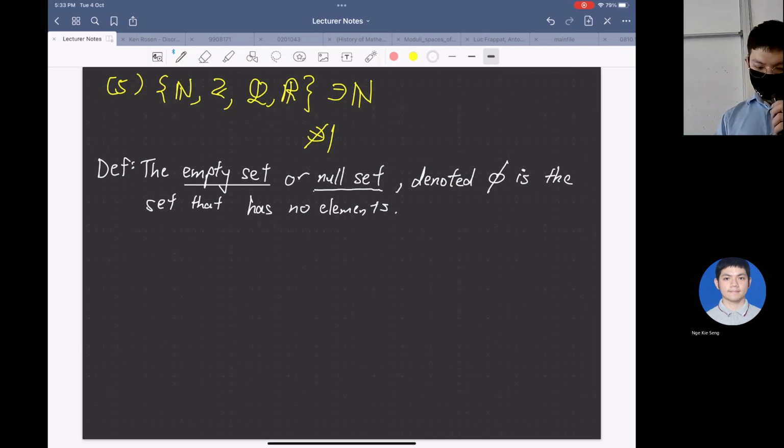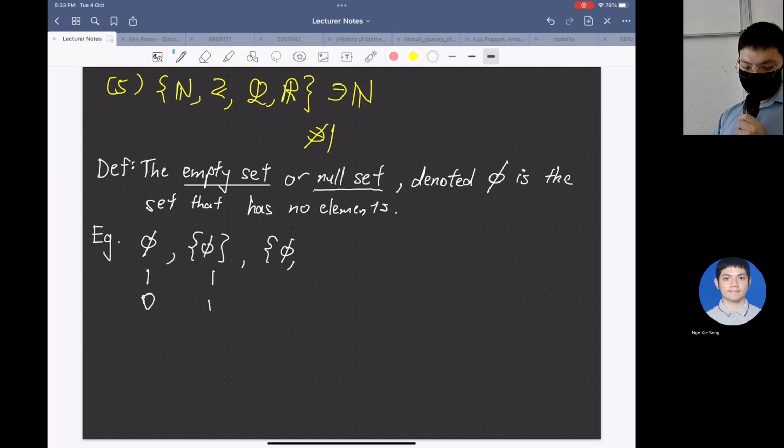Last time I told you that we can build natural numbers using set theory. So in this case, I want to show you what natural numbers are to them. They will say that the empty set is 0. And then the set of the empty set is 1. And then the set containing the empty set and the set of the empty set is 2.